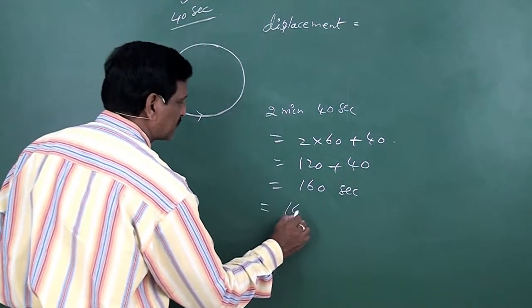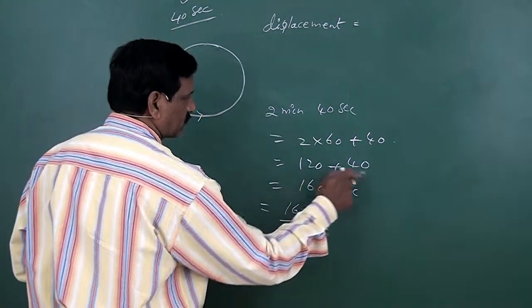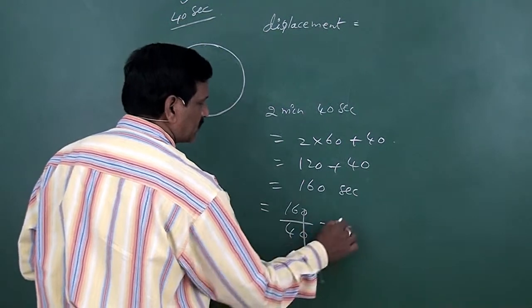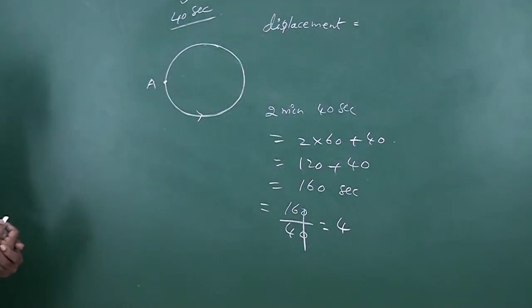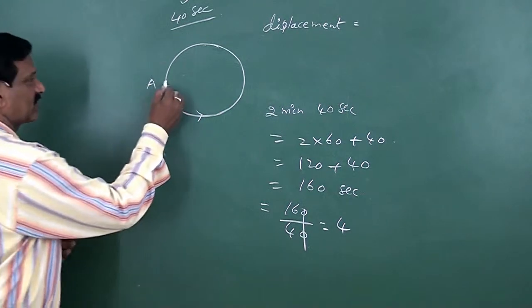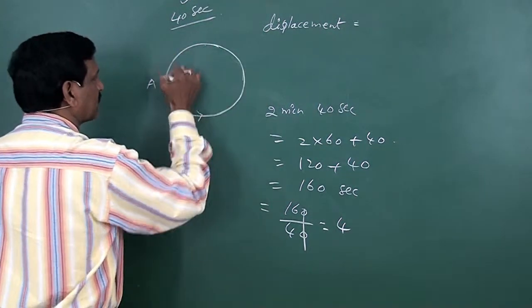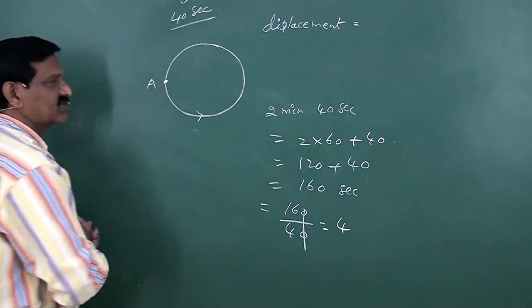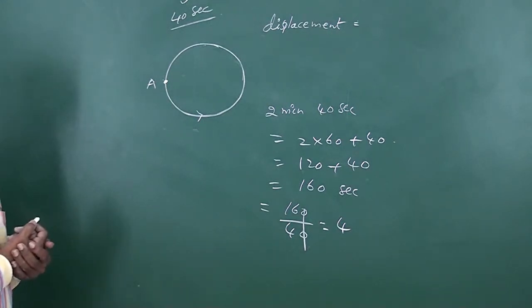So 160 by 40 is 4. So 4 trips in total. Hence he completes one circle, second circle, third circle, fourth circle, and reaches the same point after 2 minutes 40 seconds.